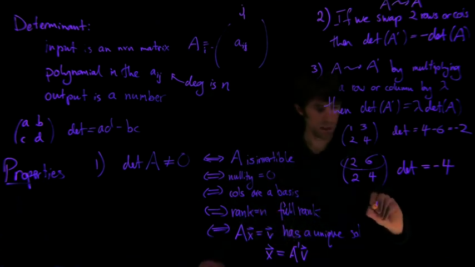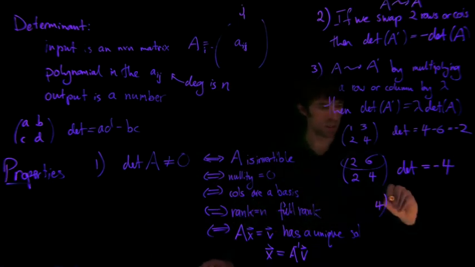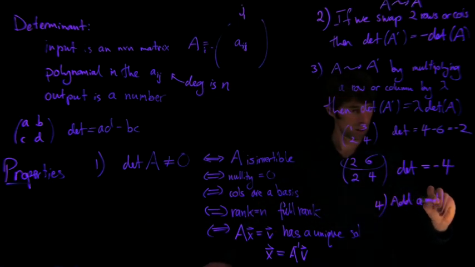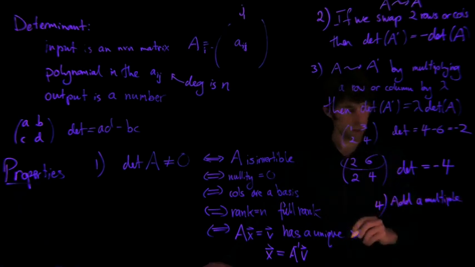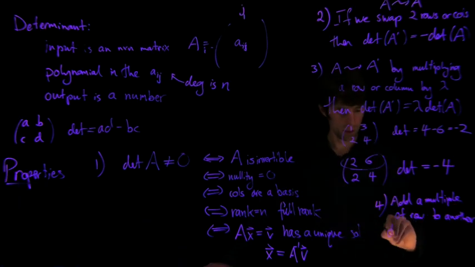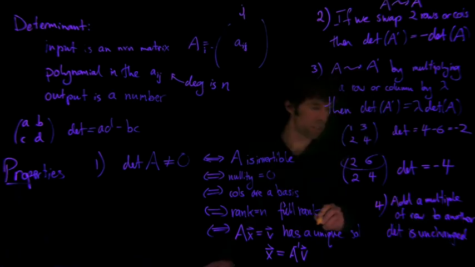One more property here. Property number 4 is if we add a multiple of one row or column to another, the determinant is unchanged.